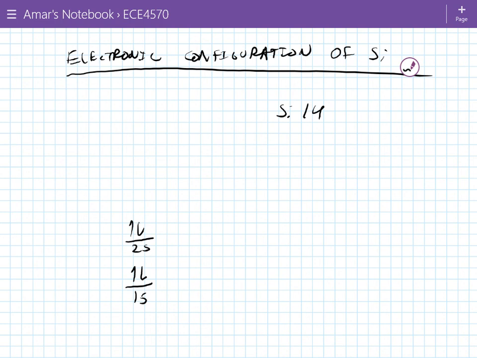Then we have 3 2p orbitals: 2px, 2py, and then 2pz. The order of the electrons here, you first fill the orbital's spin up. So we'll fill in 3 electrons like this, and then we go and fill in the additional ones of opposite spin.